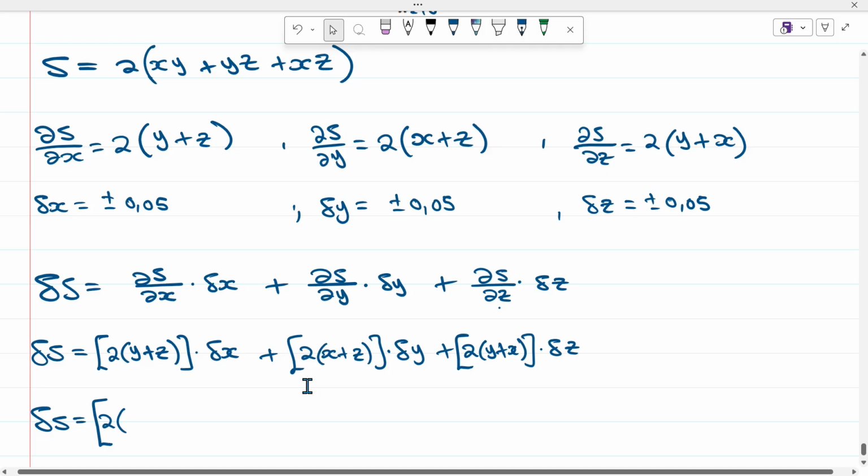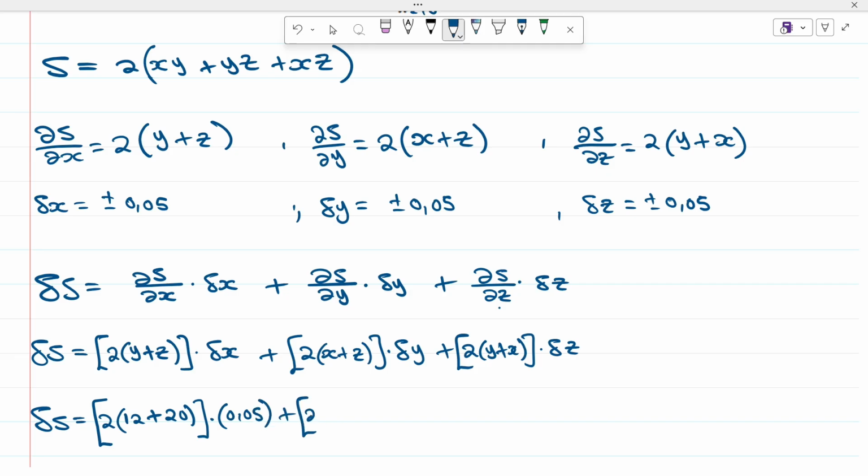So our y is 12, and I'm just substituting all of those values there. So 2 into (12 plus 20) multiplied by the small change, which is 0.05. I'm going to take it as positive.